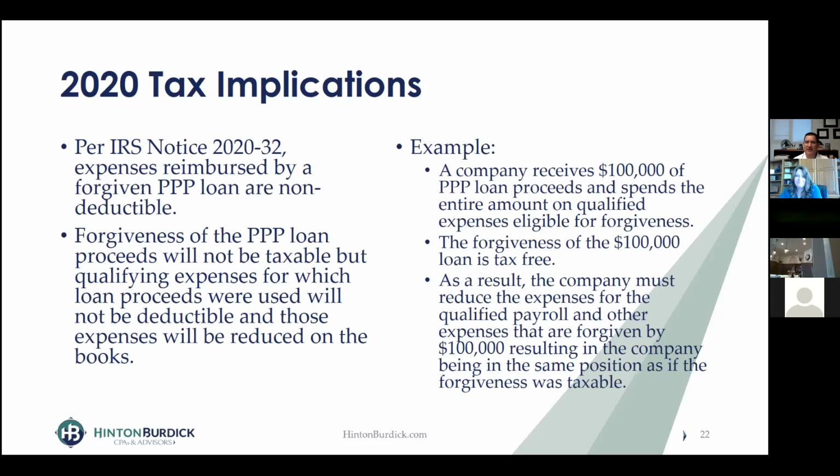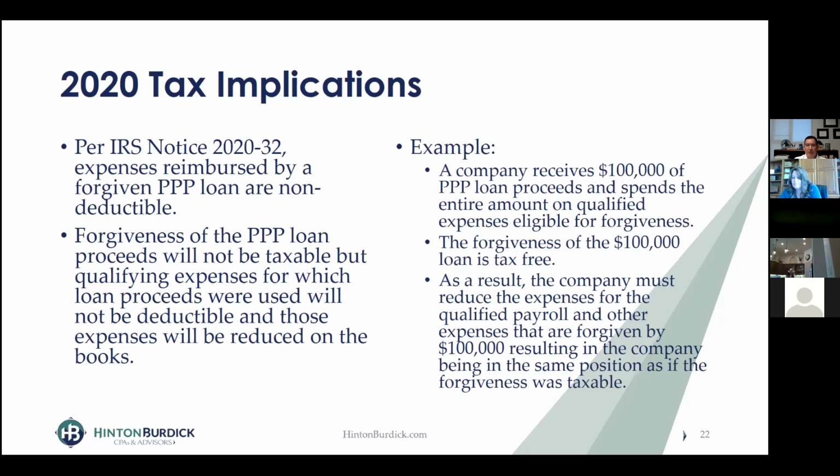Any questions on that? This does bring up an interesting situation with how you're going to report this on your tax return. You can consult your CPA on how they want to do that, whether it's going to be a reduction of those expenses on the tax return itself, and we'll keep track of that reduction.